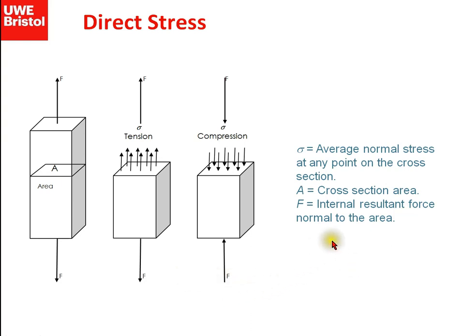Notice that we're using the internal resultant force here. So we get into this argument about what is stress and what is true stress and engineering stress and so on. The fact is that when I start pulling things apart, my cross-sectional area changes.